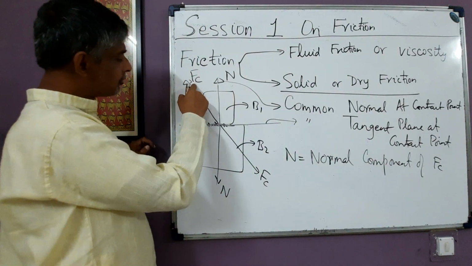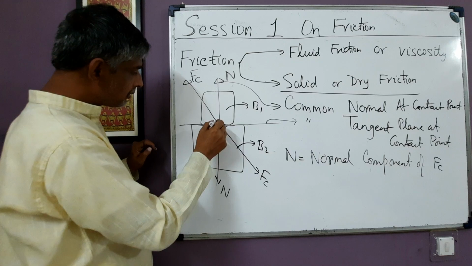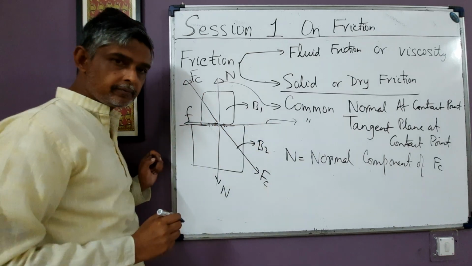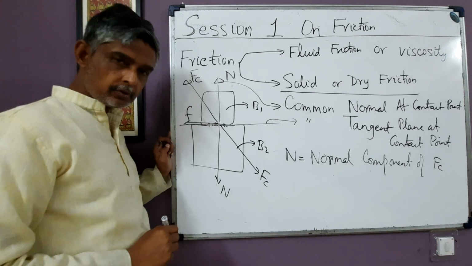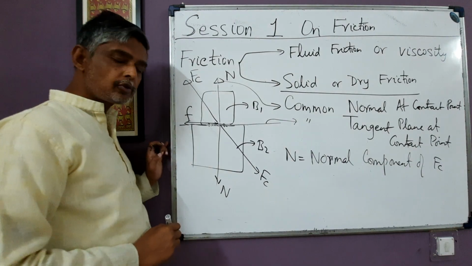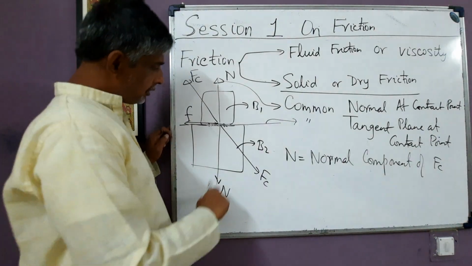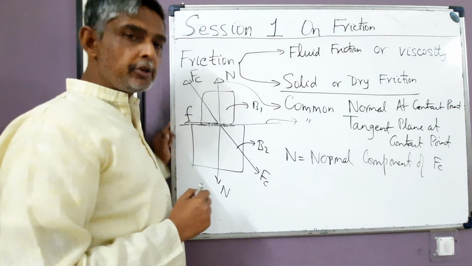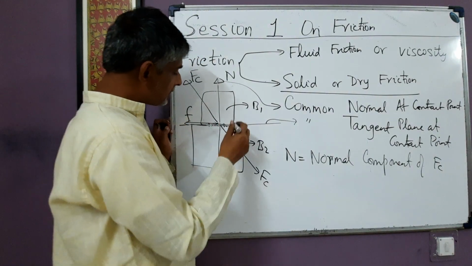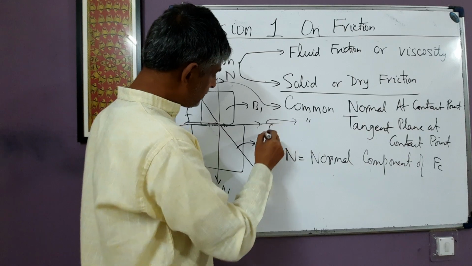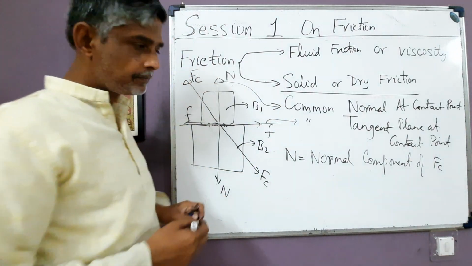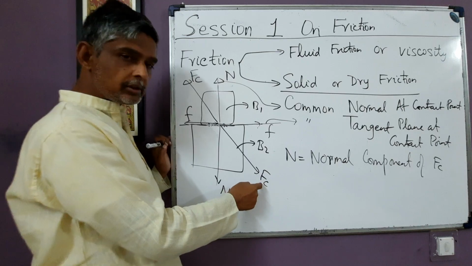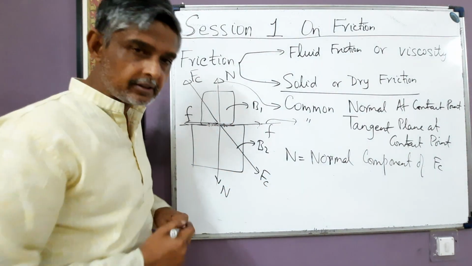Now Fc also has a component in the common tangent plane. This component of Fc in the tangent plane is denoted by small f. This is the friction force. The friction force also obeys Newton's third law. B2 exerts friction force f on body B1 in this direction. By Newton's third law, B1 exerts an equal and opposite friction force f on B2. So friction is the tangential component of the contact force Fc between the two solid bodies in contact.